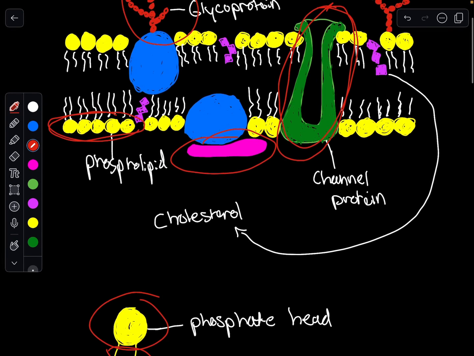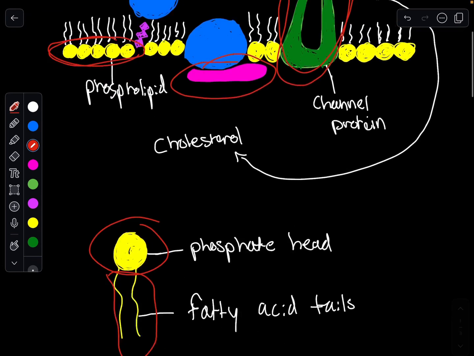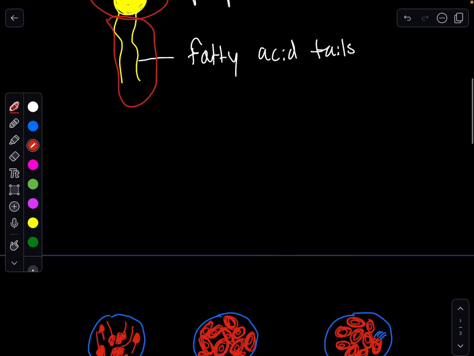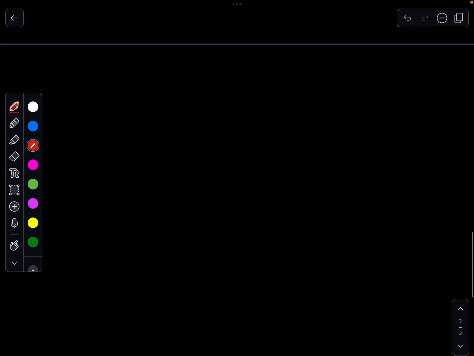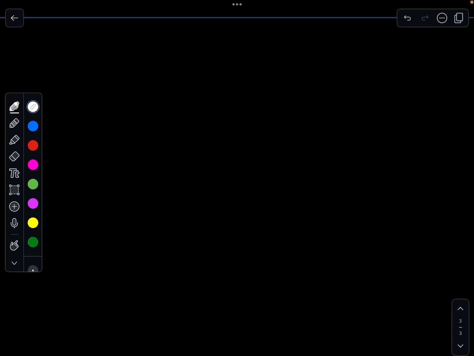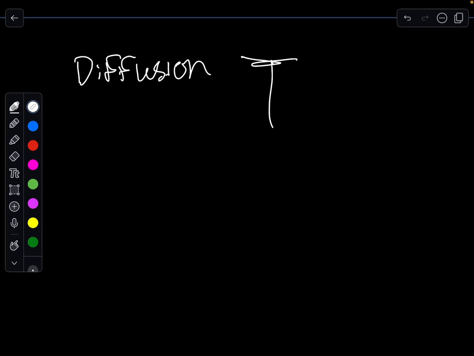So yeah. And now I will be talking about diffusion, which I'm actually just going to write out. Diffusion is the movement of molecules from high to low concentration until equilibrium.